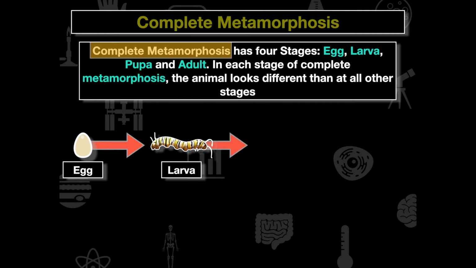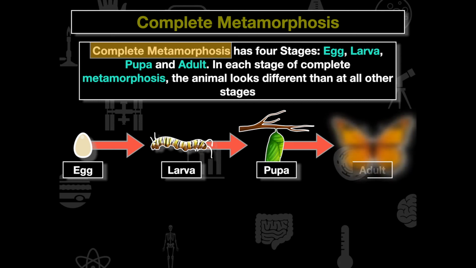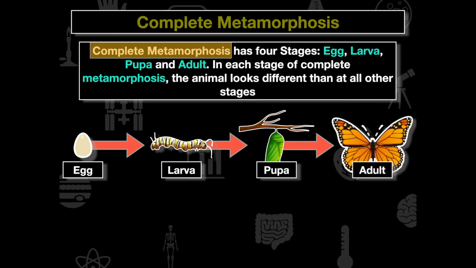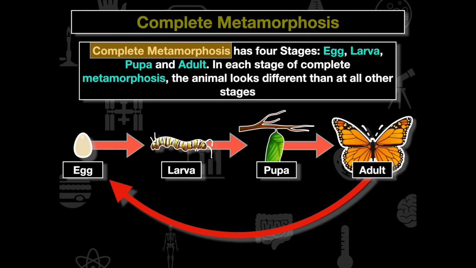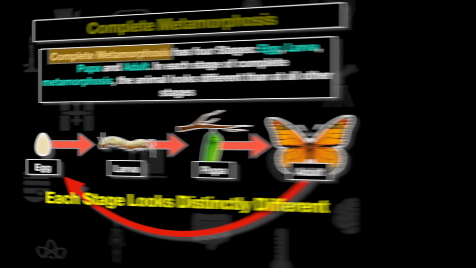Now, as we go from here, the caterpillar is going to go through a pupa stage. And once it goes from pupa, it's going to move into its full-blown adult. And the adult looks very different than the larva. We call them cycles because they occur in a cyclical pattern. But remember, in complete metamorphosis, each stage looks distinctly different.